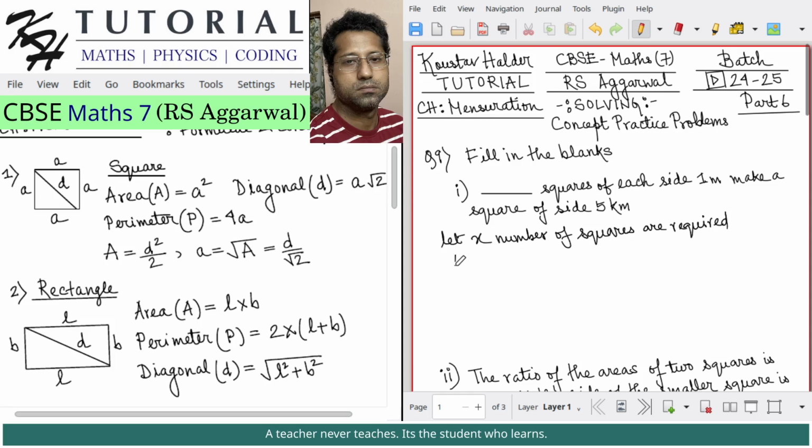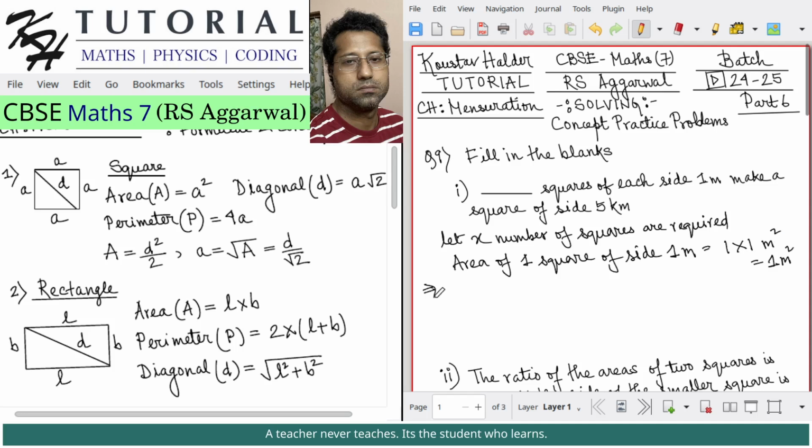Now the area of one square of side 1 meter will be equal to 1 multiplied by 1 meter square, which is equal to 1 meter square.